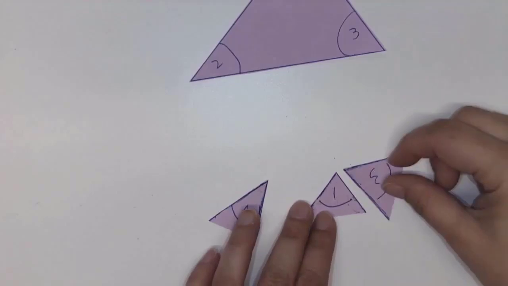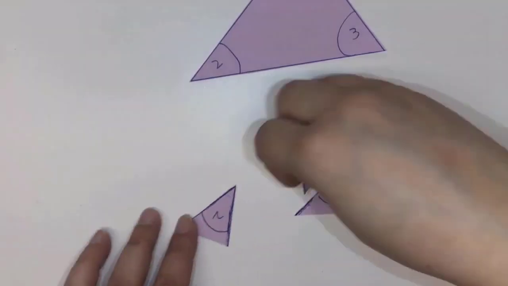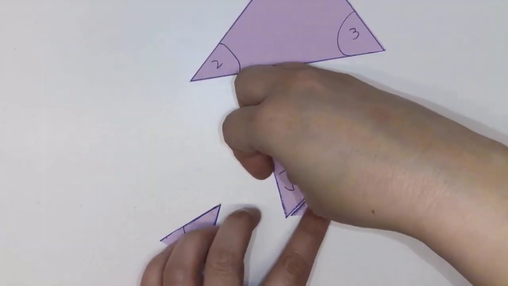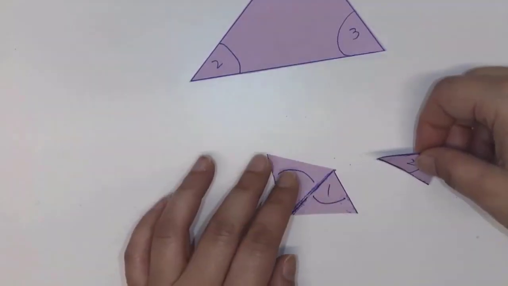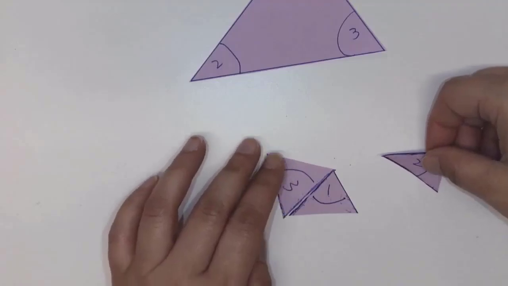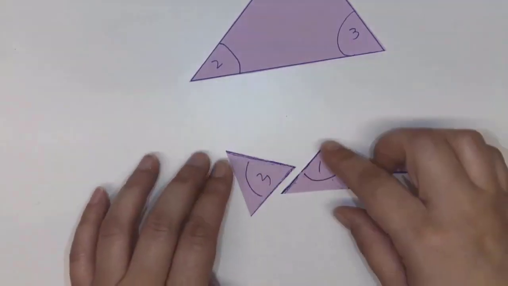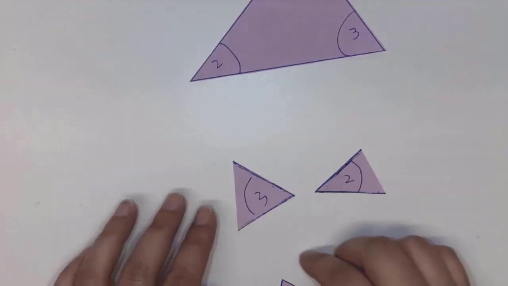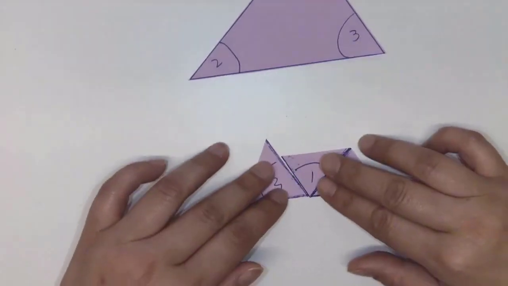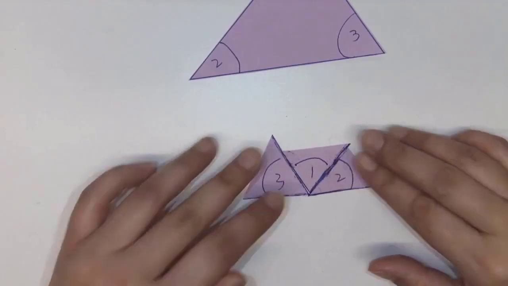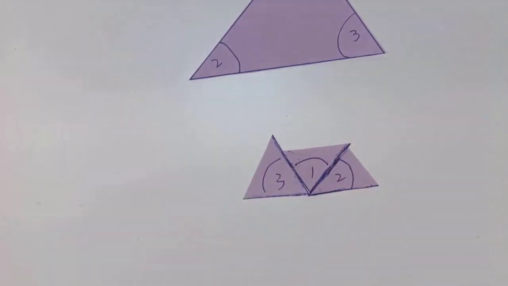Kind of confused. How should I do it? Maybe that. What am I doing? Angles should add up to a straight line angle, maybe like that. Okay, that's why they're 180.